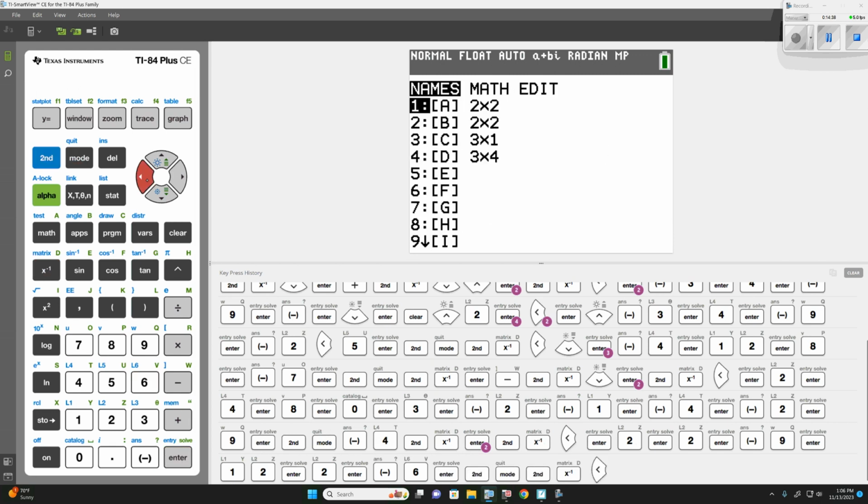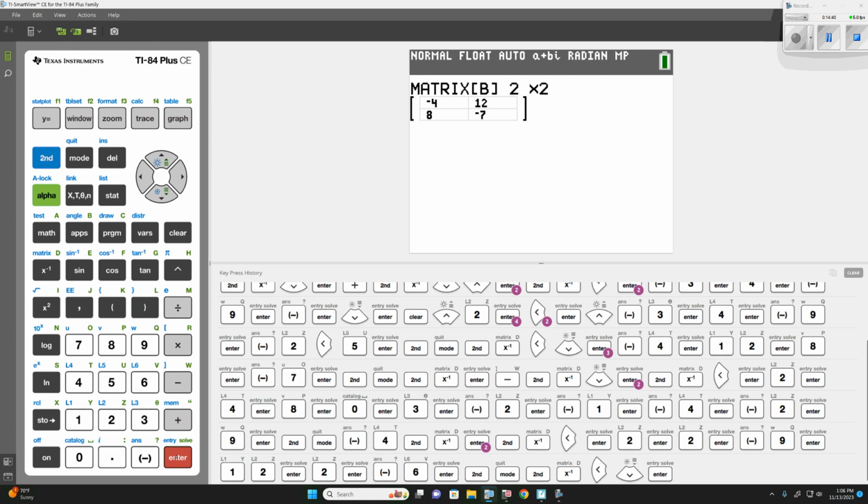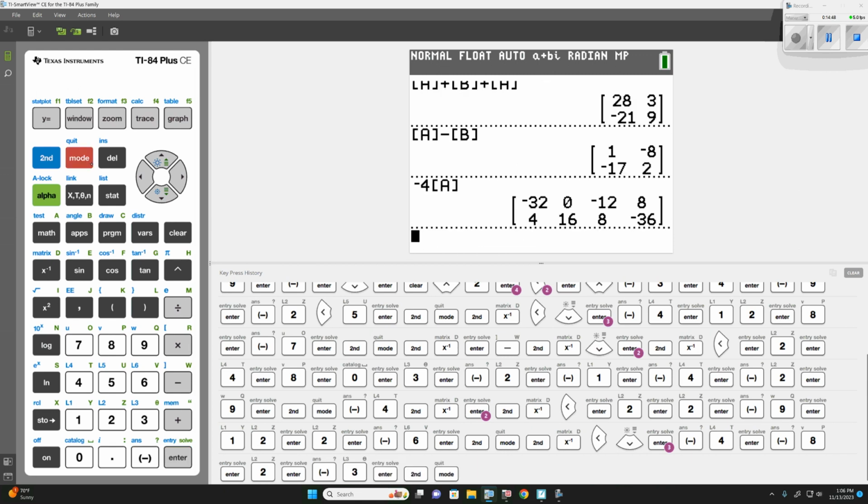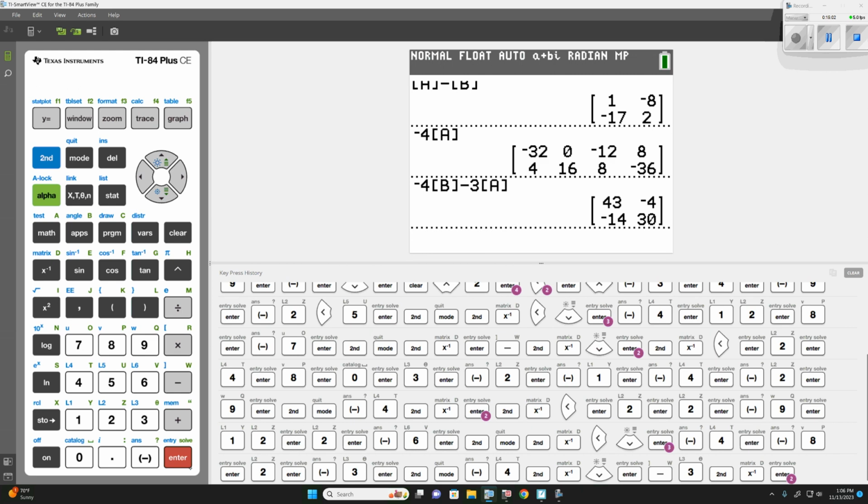Second quit, second matrix to b, which is also 2 by 2. -4, -8, 2, -3. Since we did indeed label these as A and B, it wants -4, second matrix B, minus 3, second matrix A. Here. We get this here.